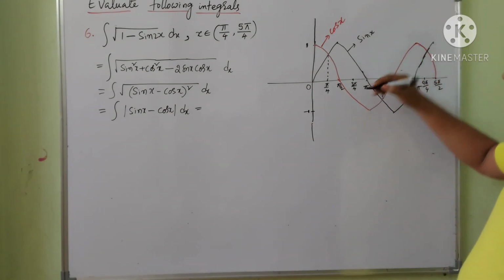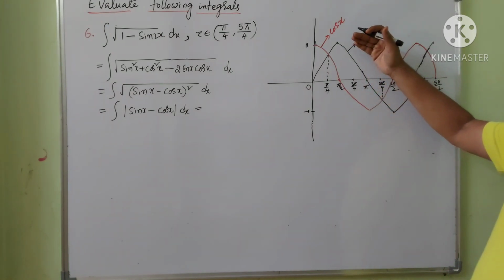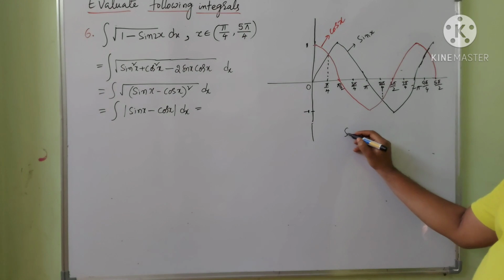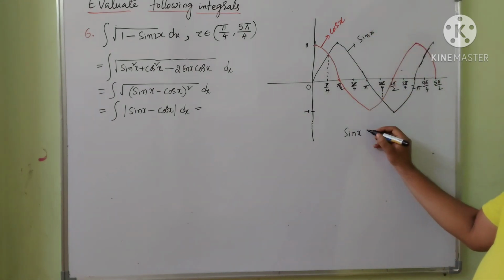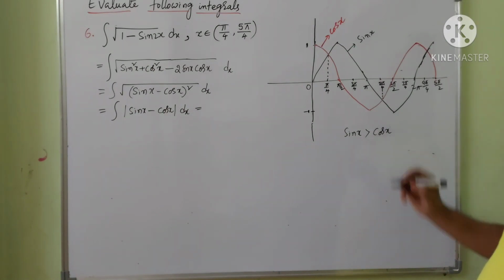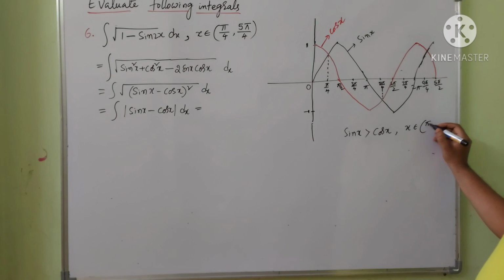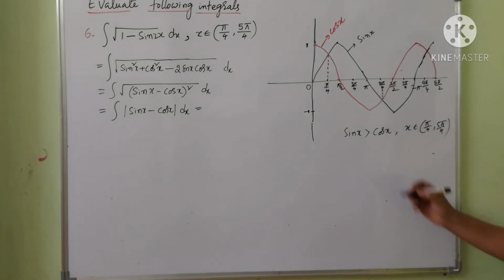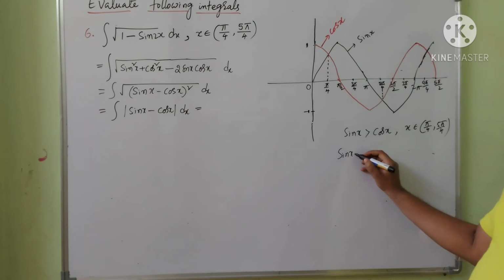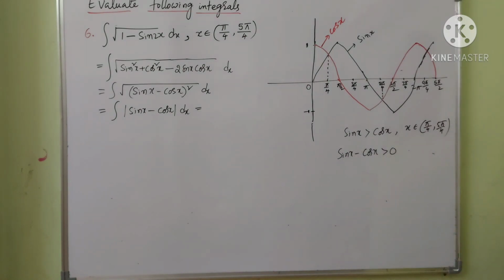From pi by 4 to 5 pi by 4, which graph is upper? Sin x is upper graph, cos x is lower one. That means sin x is greater than cos x when x belongs to pi by 4 comma 5 pi by 4. If we write cos x on left hand side, it becomes greater than 0.